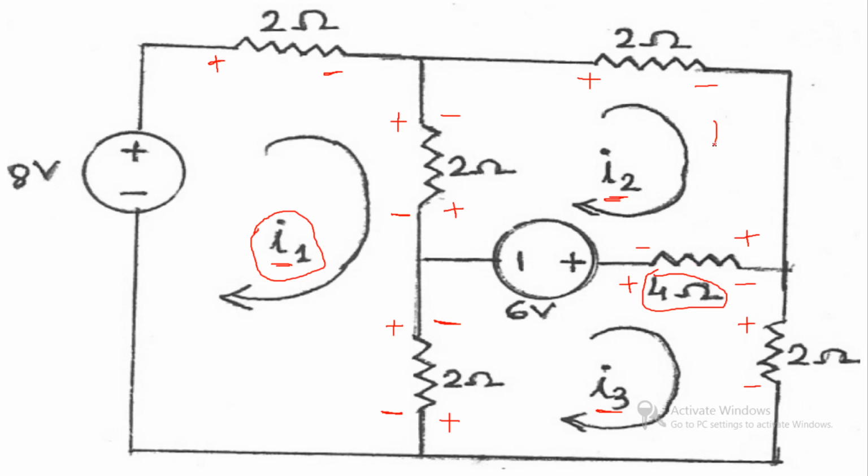So the current in the 4 ohm resistance, you can write in two ways. One is I2 minus I3 and second is I3 minus I2. You can take any of the formulas, that is I2 minus I3 or I3 minus I2.